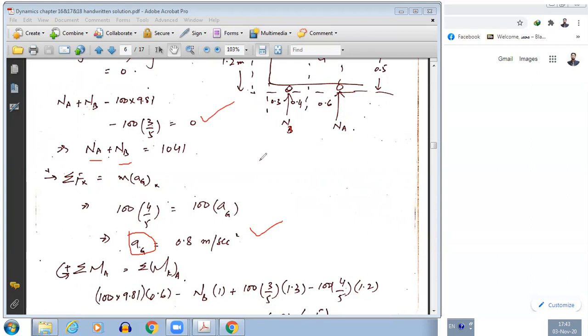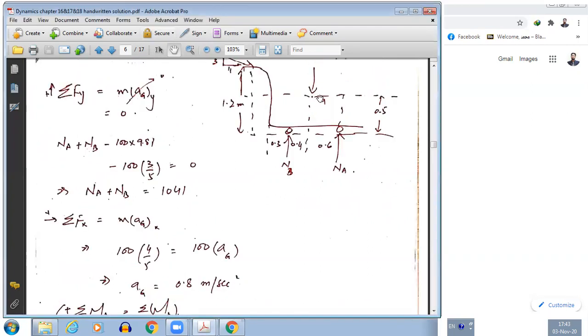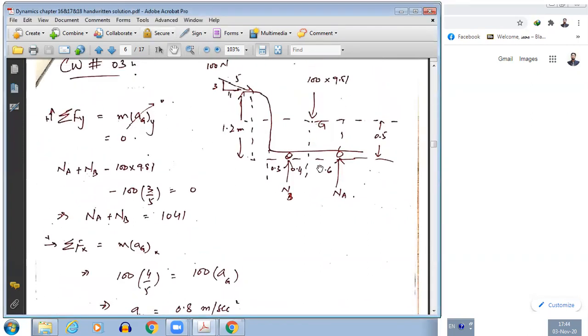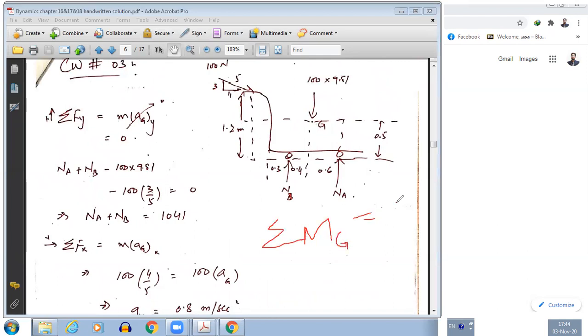Since we know that the body is in a linear motion, so it's in a rectilinear motion, we know one thing, that summation of moments at G is 0.